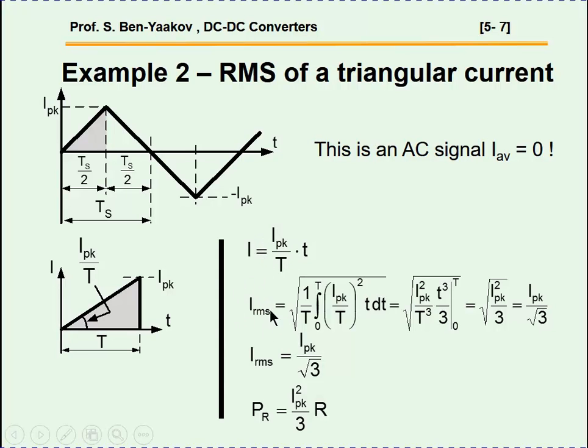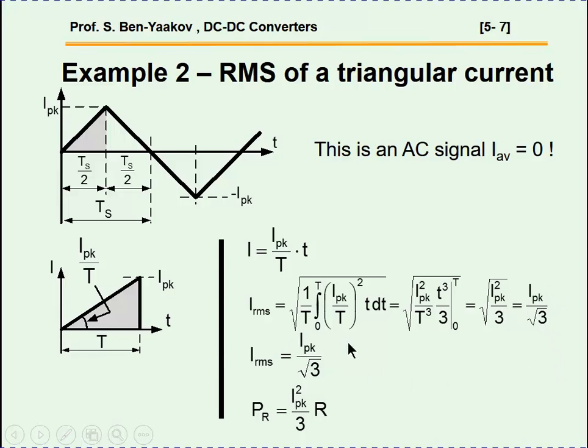So by the definition of the RMS, I'm taking the average of this value of the current. I'm sorry, t should also be squared because I have to square the whole current. So this is squared. And then when you take the integral, this is why it's t to the third. And as it happens, this is the value which I'm getting.